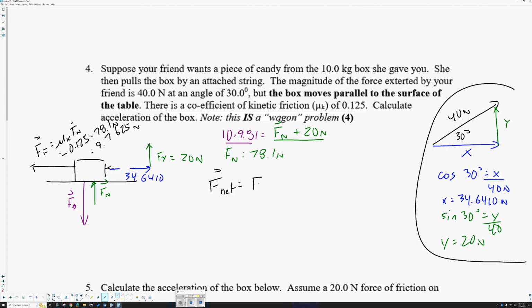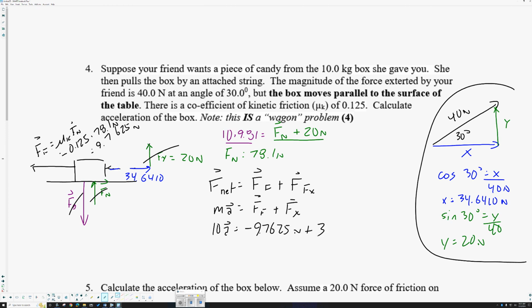And now we can do our thing that we've done a million times before. The net force is equal to the sum of the forces, FF plus FX. We're not worrying about these anymore because all three of those combined have canceled out. The net force is also equal to M times A. M is 10 kilograms. A is negative 9.7625 newtons because it's acting to the left.